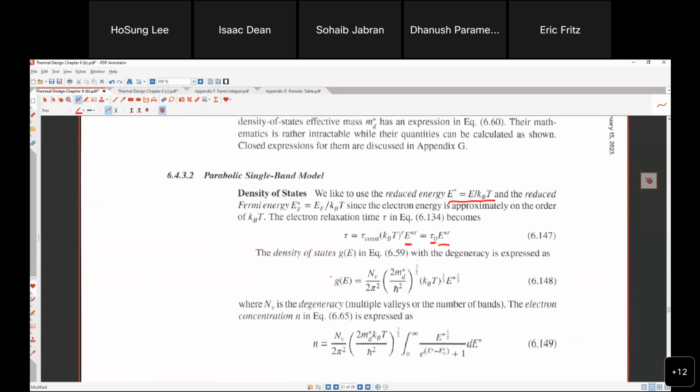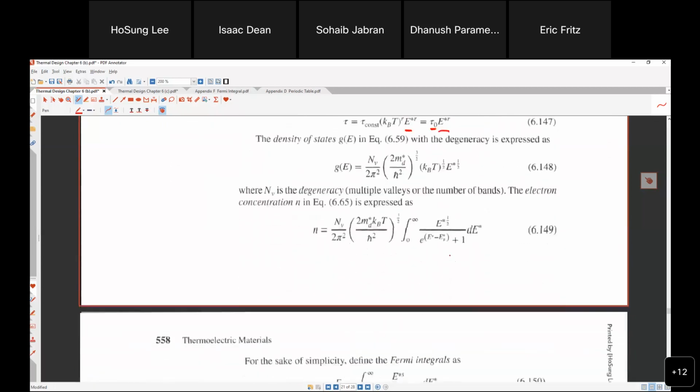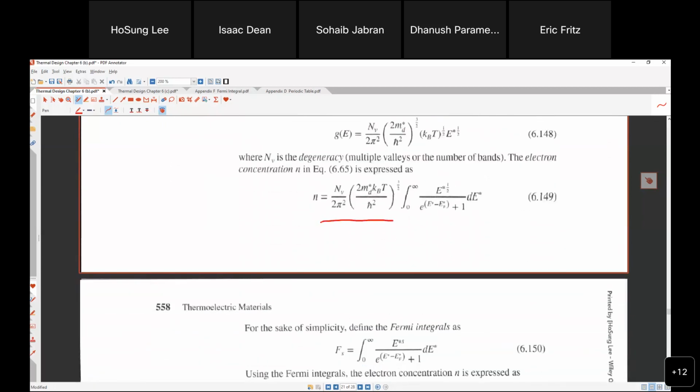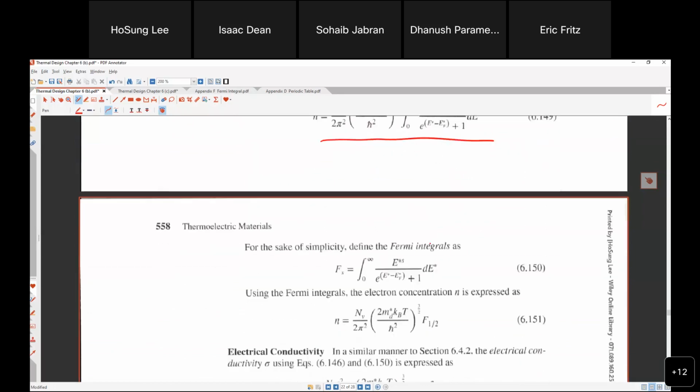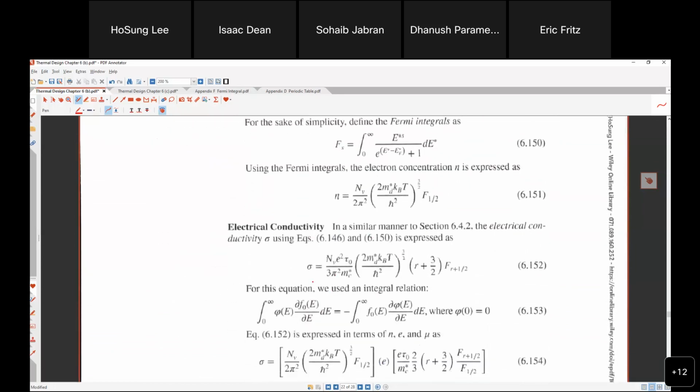Using the Fermi integral, we use the tables. Actually, we don't have to assume the metal. You may assume a semiconductor, because we didn't use the metal assumption. So from now, the concentration in terms of the integral, and the electrical conductivity, for a semiconductor now.